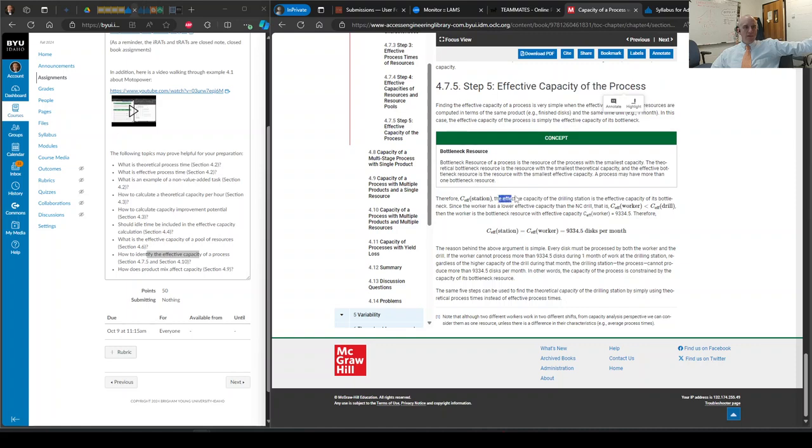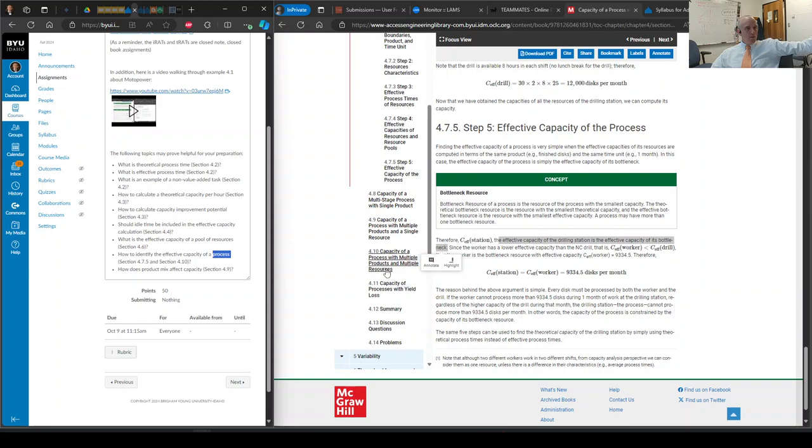The effective capacity of a process, in this case the drilling station, is the effective capacity of its bottleneck. And that's the answer. To identify the effective capacity of a process, which usually includes multiple steps, you find the resource or the step that is the bottleneck. And that is how you determine the effective capacity.